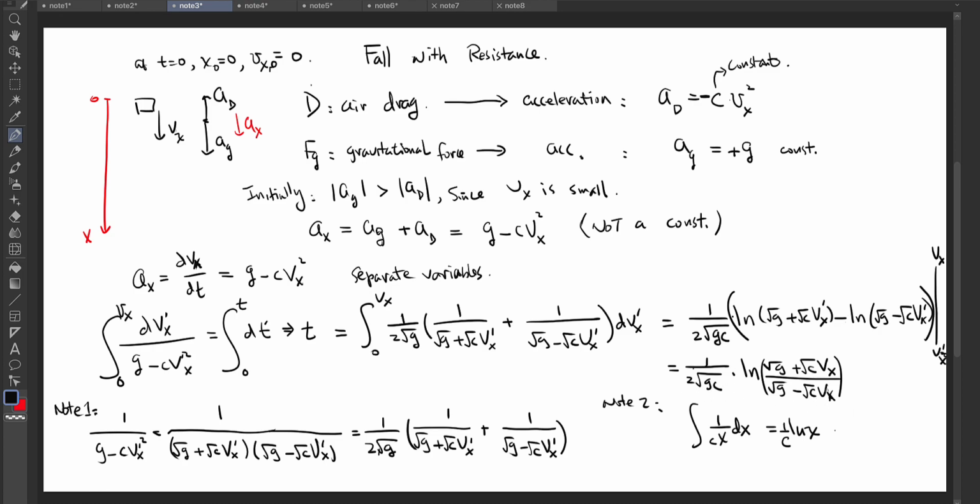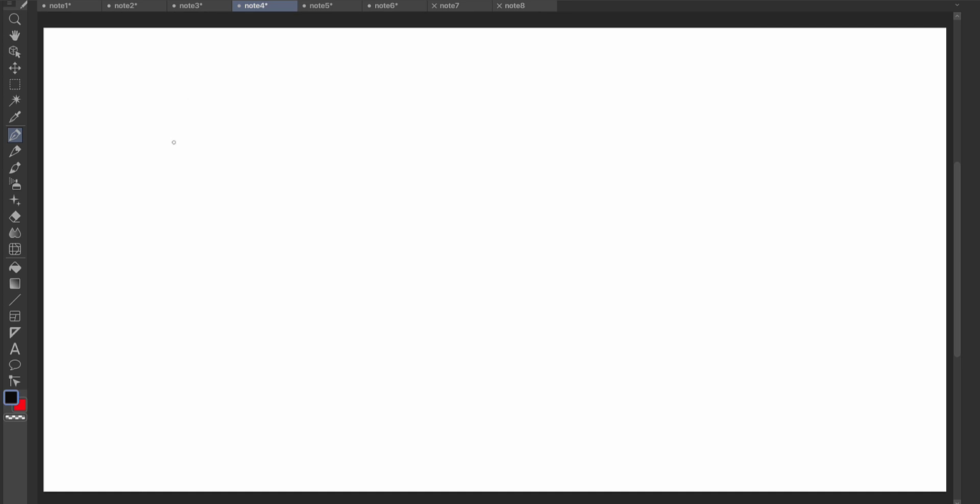Okay, but that doesn't look pretty. So let's look at a function definition. It's called a hyperbolic function. Okay, and then there's a definition of the tanh function.